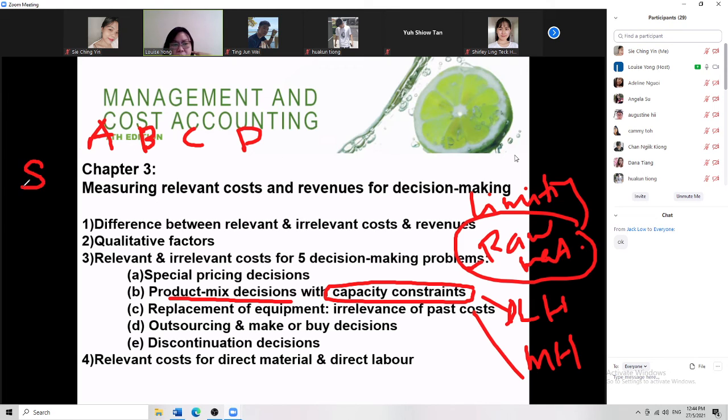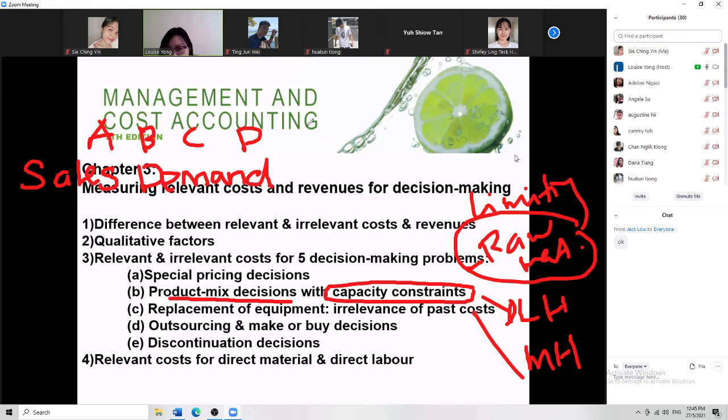It means your sales demand is too much and your raw material is not enough. So you have a shortage of material. So which product should be produced first? You would think, raw material is not enough, my business demand is so much, and I cannot complete everything, then how to solve it? Which product can be made first? So here we use relevant cost for the decision. We can use this relevant cost method to help you make decisions and solve your short term problem.